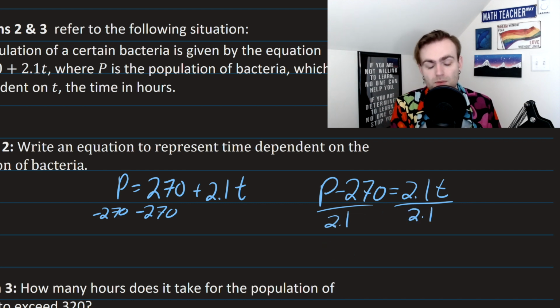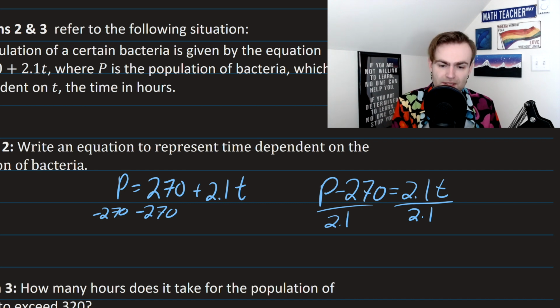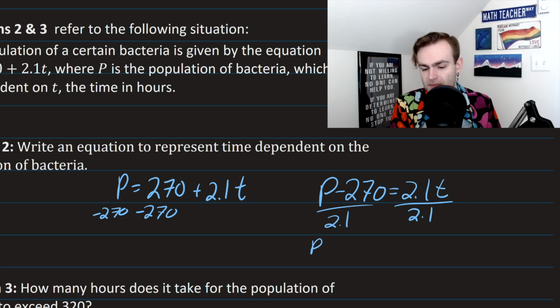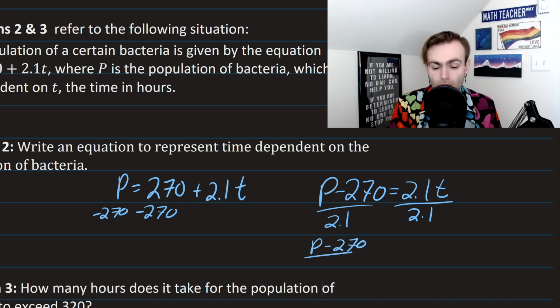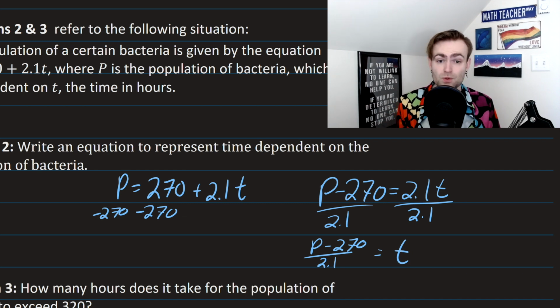Now, you could distribute this 2.1, but you really don't need to. It doesn't specify that we have to, so p minus 270 over 2.1 is all we really need. Now, if this was a multiple choice question and they did distribute it, you could identify that, but if it's just asking us for an equation we could use, this is good enough.